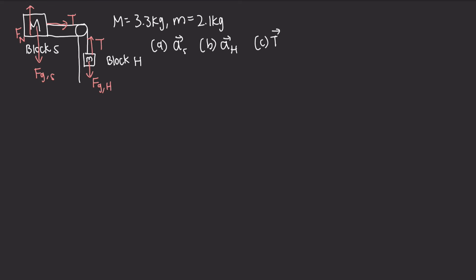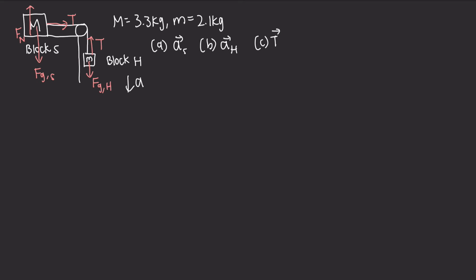And here we should notice that block H is going to be accelerating downward. So this is the acceleration downwards. So we're going to make sure that the force of gravity on block H is greater than the tension on block H.